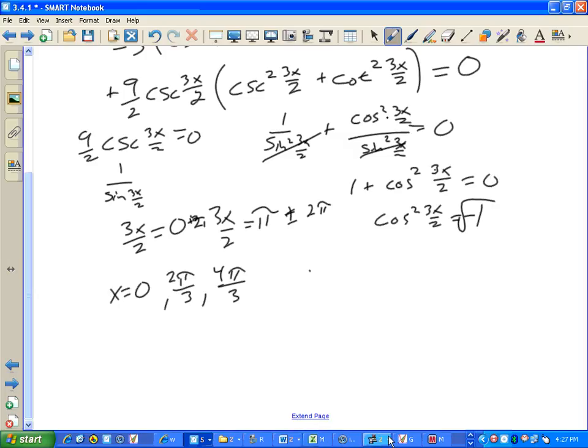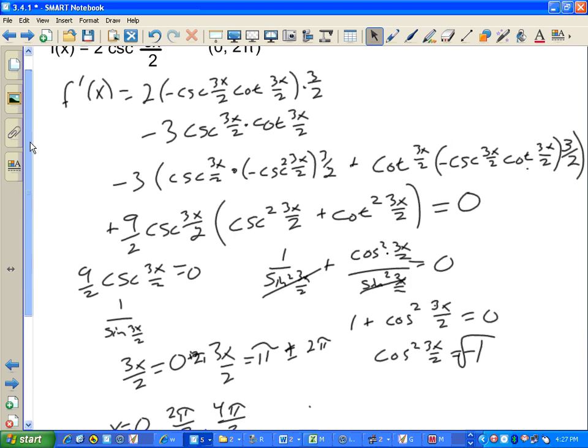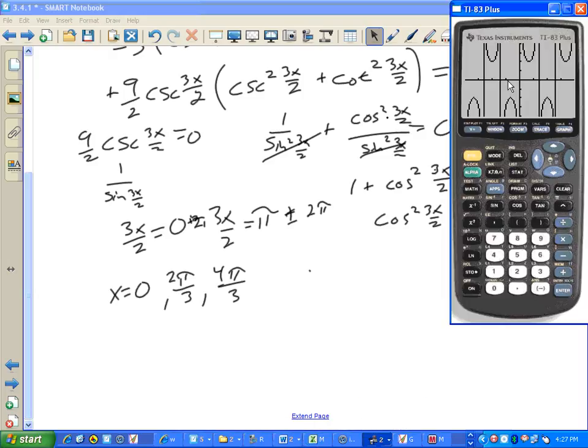And let's just look at the graph of this. I think I've got it typed in here already. Yep. Here's the graph of my original function. And if you notice, here's 0. Here's 2 pi over 3.